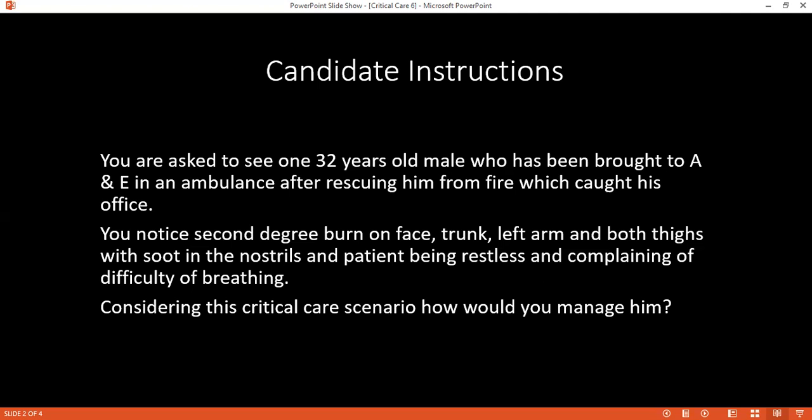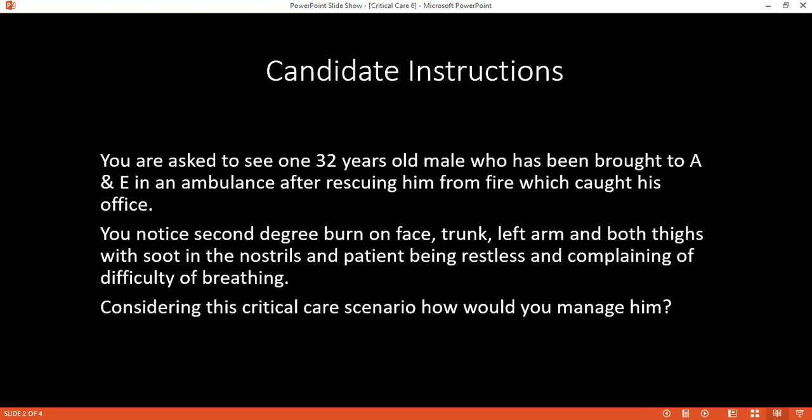And any kind of chemical burn, any kind of inhalation injury, any kind of circumferential limb burn or circumferential constricting burn, any facial burn, or burn of the special areas like hand or perineum, and the other comorbidities.